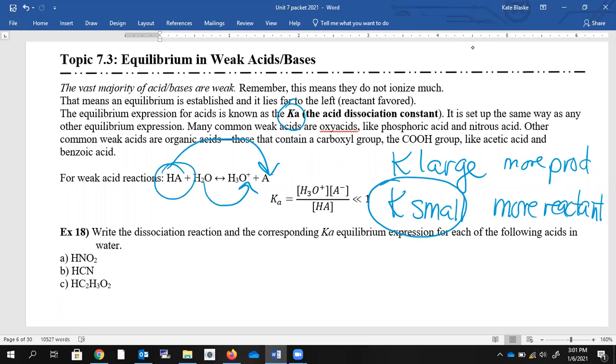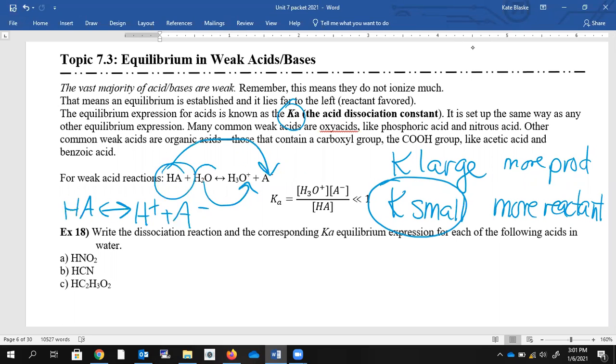Now, we also talked about that we could write out this reaction for acids without water. So we could just have HA in equilibrium with H plus and A minus. Either way of writing that reaction is acceptable. When we write an equilibrium expression from either of those reactions, we need to remember our rules about what is involved in equilibrium and what is not.